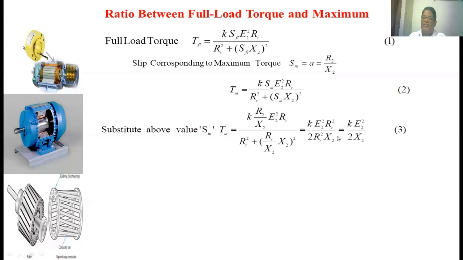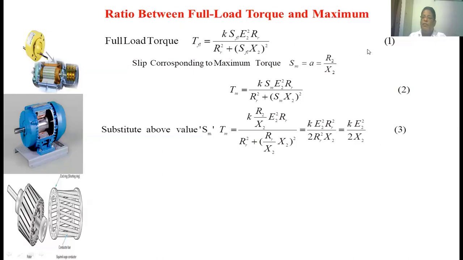RR square gets cancelled. So finally, the maximum torque developed by the induction motor equal to K into E2 square by 2 into X2. From this equation, we can say very easily that the maximum torque developed by the induction motor is not depending upon the rotor resistance, whereas the slip at which the maximum torque is developed is a function of the rotor resistance.